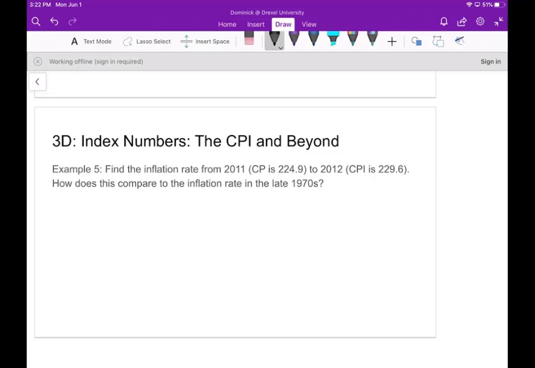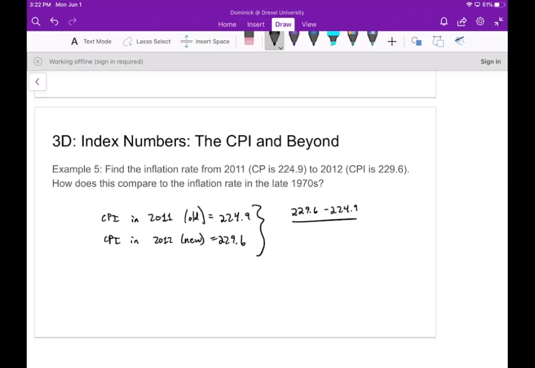Let's take a look at that. Here, our CPI in 2011 is like our old, which is 224.9. And our CPI in 2012, which is like our new, is 229.6. So the inflation rate is 229.6 minus 224.9 over 224.9 times 100.